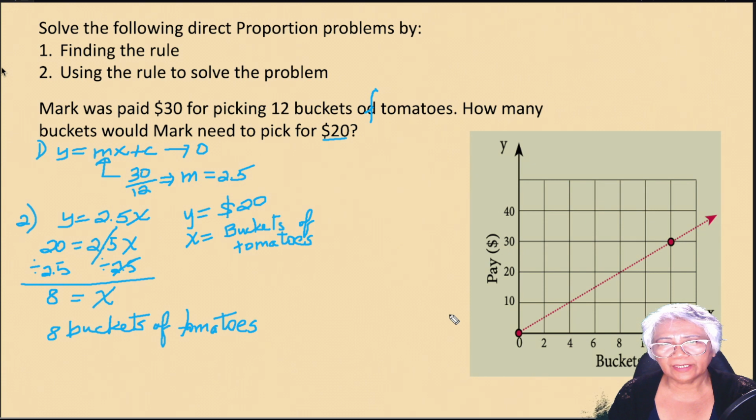The pay is y, and the buckets would be the x. So you see here that you have 8 buckets, you will have $20. So if he was able to pick only 4 buckets, how much will he get paid? It's $10. So you can read the information from the graph.